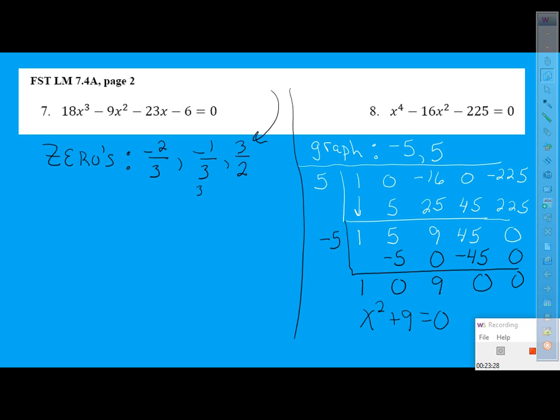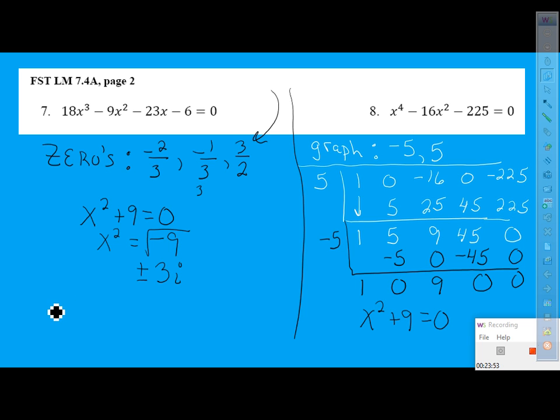So now, two ways to solve x squared plus 9 equals 0. Let's do this the easy way. Since there's no middle term, let's subtract 9 from both sides. Let's square root the negative 9, knowing that I have to do positive or negative. And the square root of negative 9 is 3i.